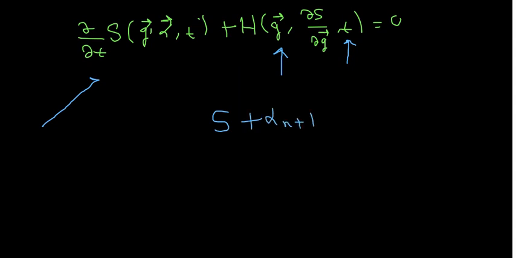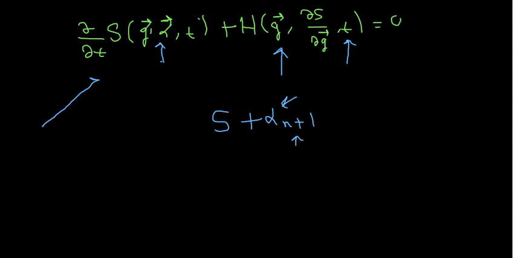The s function, or the complete integral, contains n constants, and those n constants are included in this vector here, the alpha vector, right? And this alpha subscript n plus one is the constant number n plus one.